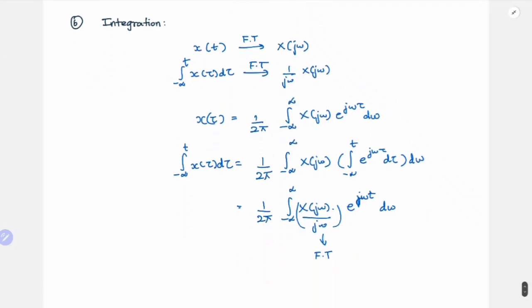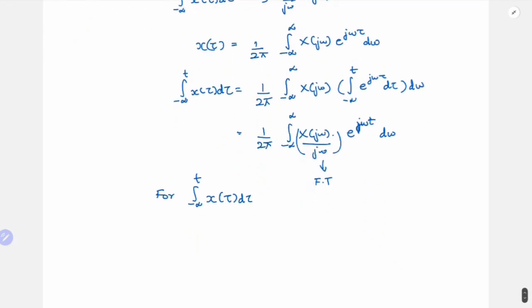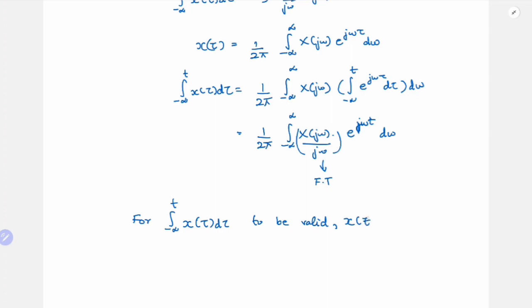But if you also see, for the integral from minus infinity to t of x of tau d tau to be valid, x of t or x of tau should not have any dc term.